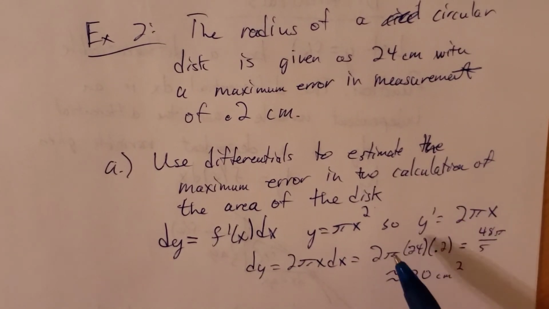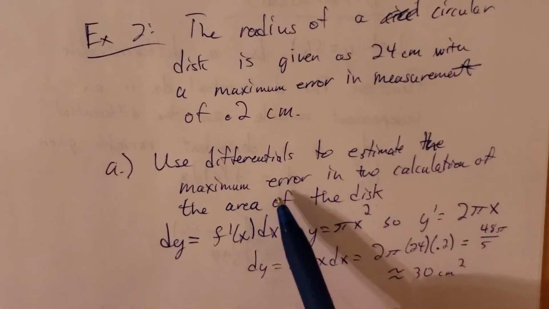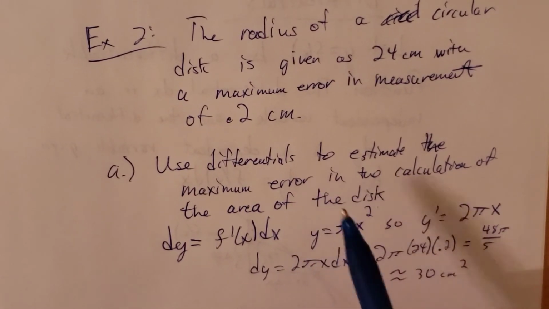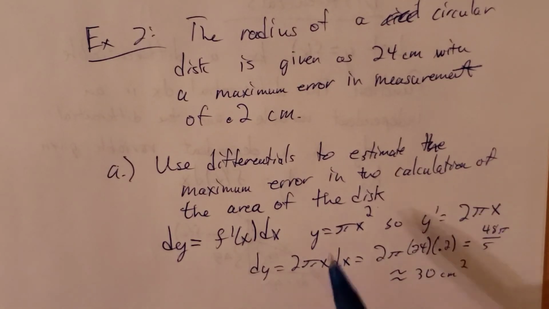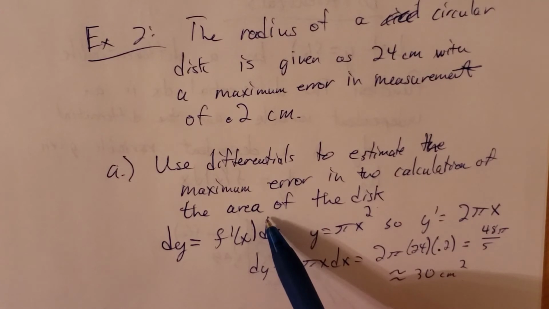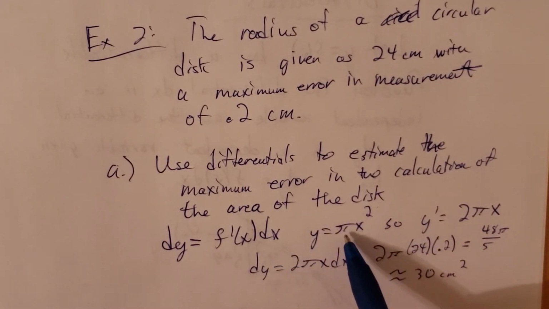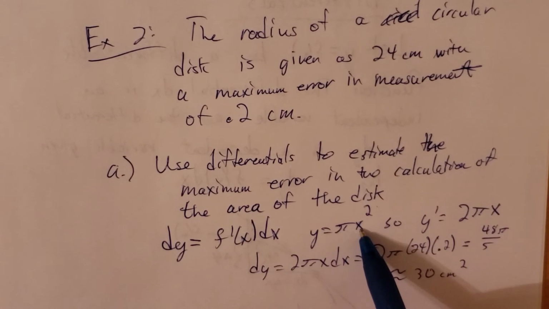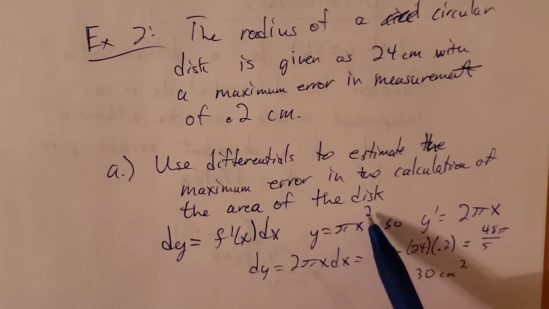And now, again, what is this doing? Let's make sure we understand what we're doing there. We use differentials to estimate the maximum error. So if we know the error in the measurement of our radius, we can calculate the area by just doing pi x squared, where x is 24. But we want to know the error on that, the maximum error on that.